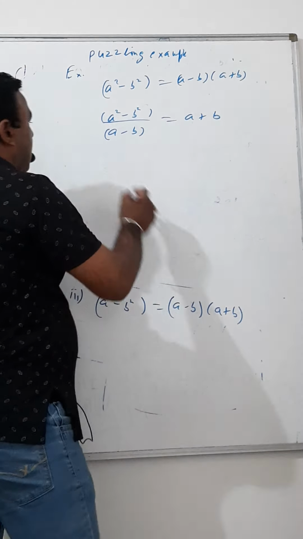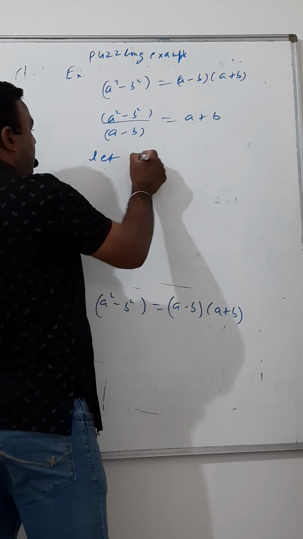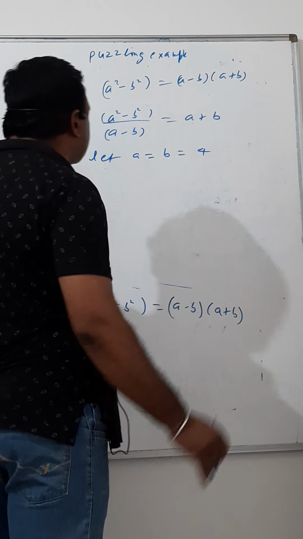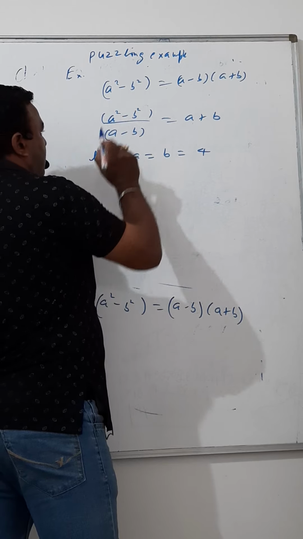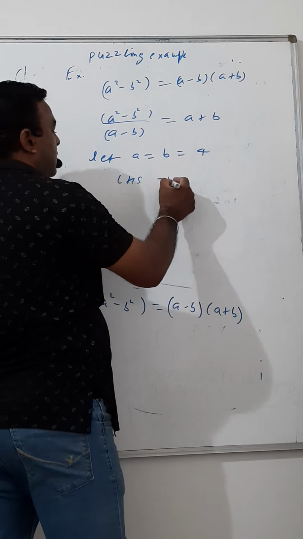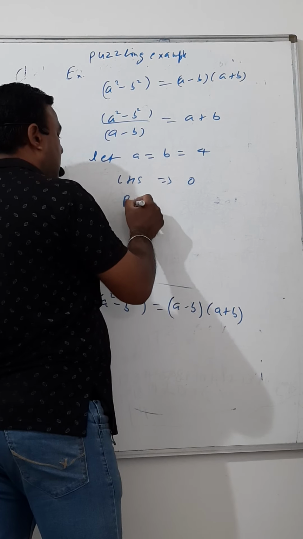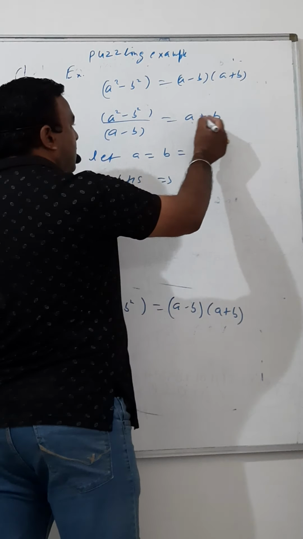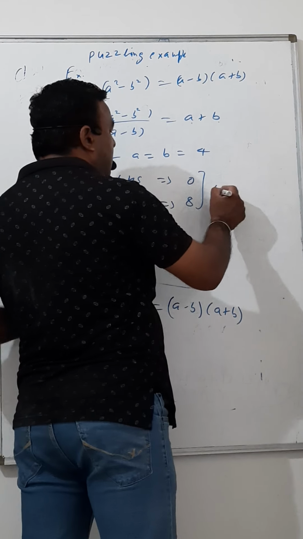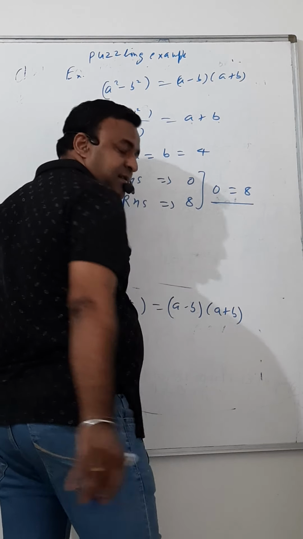Right? Now I take let a is equal to b is equal to 4. Then this is 4 square minus 4 square, 0. This becomes LHS, 0. RHS, 4 plus 4, 8, meaning 0 is equal to 8.